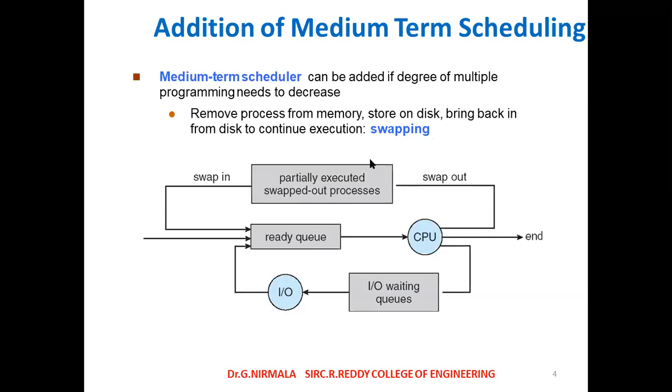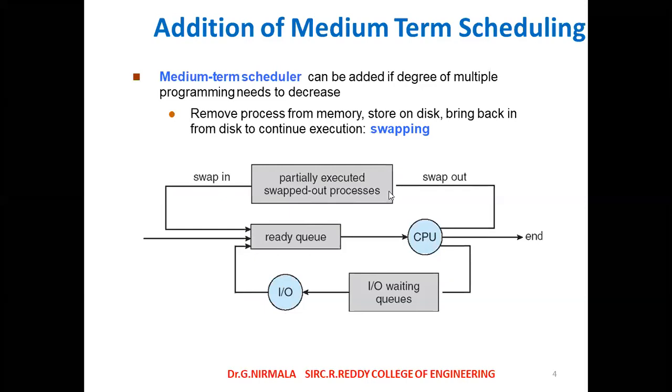Swap in, swap out. Listen, this is the CPU ready queue. For example, a partially executed swap out process. This is your IO queue or device queue. Then from this ready queue, it will be moved to the swap in operation. After that, the partially executed program also wants to be assigned to the CPU.